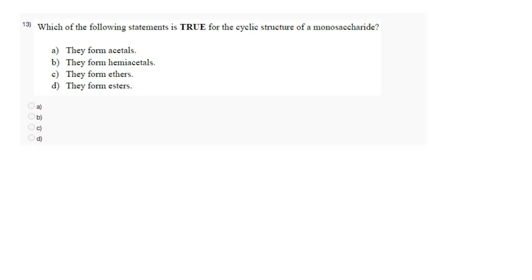Which of the following statements is true for the cyclic structure of monosaccharides? They form acetals, they form hemiacetals, they are ethers, they are esters. First, tell me the chemical structure of acetal, hemiacetal, ether, ester.